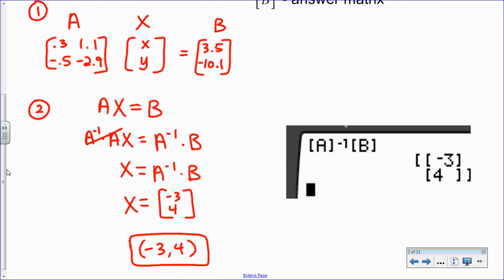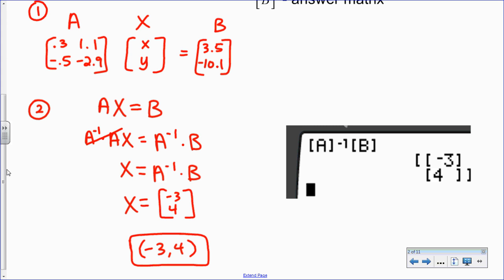Yes? On the test, is there a calculator? No, the test is all together, okay? But there are parts that say by hand, and so on those you would need to show your work. So like on finding the inverse of a 2 by 2, there is a question that says do this by hand.